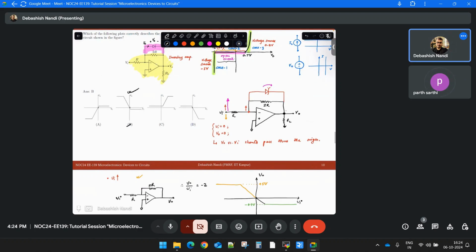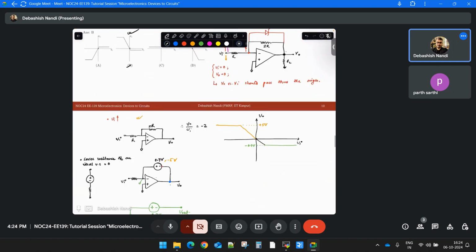So if I increase V volt here, it will increase 2V volt in the minus direction, because I am increasing in the negative x direction, right? Yes, sir. So y will increase in the positive direction twice because the gain is minus 2.